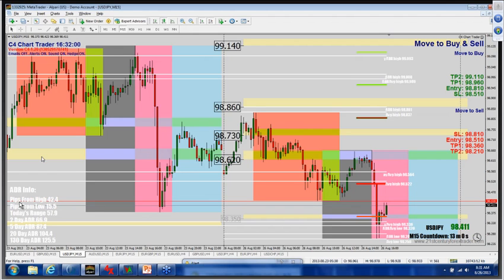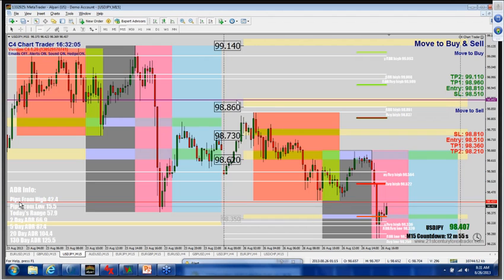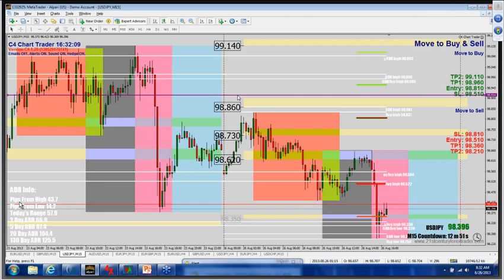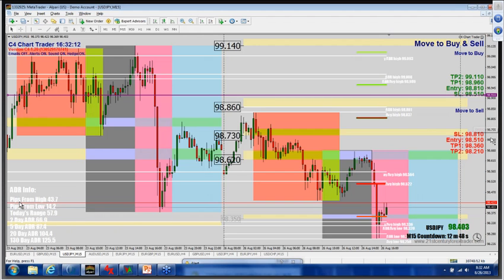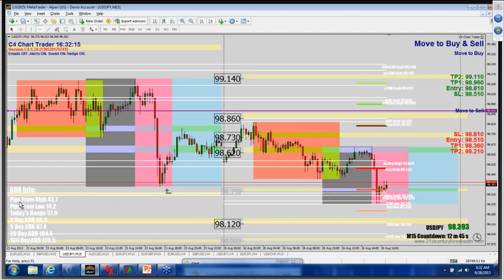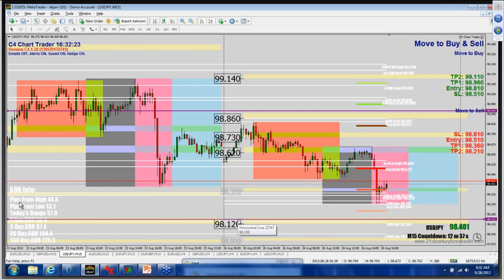All right, so we've got 98.91 for a channel top, right about here. And then we've got 98.15 for a channel bottom, so we'll look for that right down here. So 98.91, 98.15.